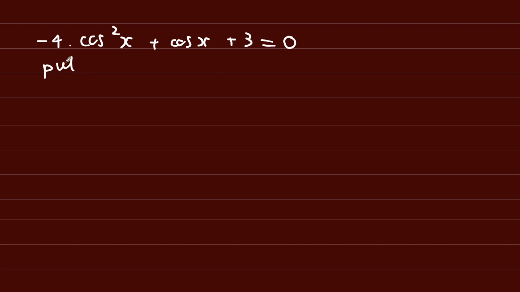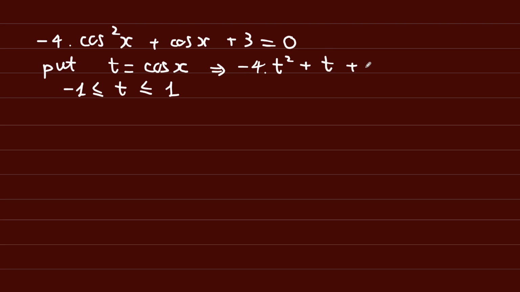And now it's time for putting in a substitute variable. You put t equal to cos x, and of course the value of t has to belong to the domain of cos, I mean minus 1 to 1. After you put t equal to cos x, the equation becomes minus 4 t squared plus t plus 3 equal to 0.